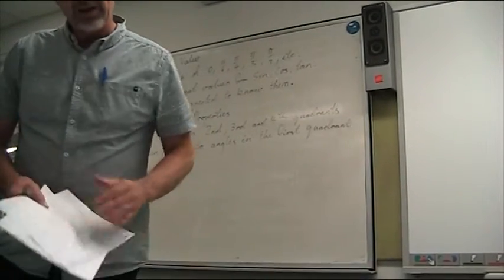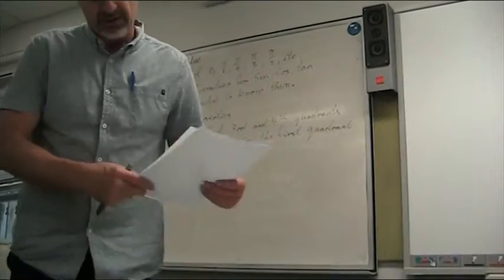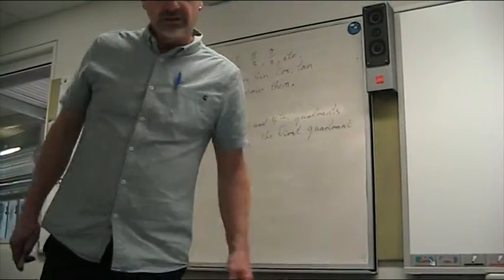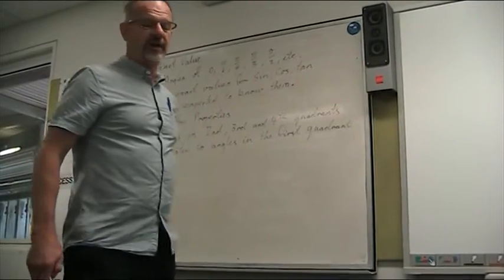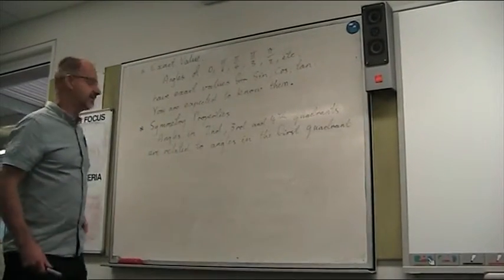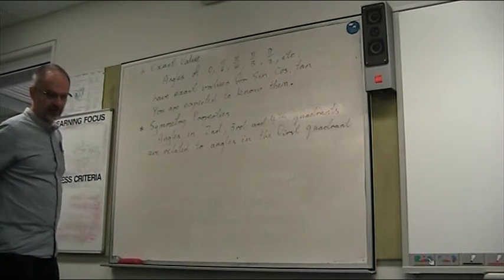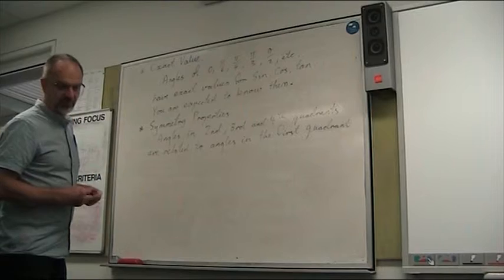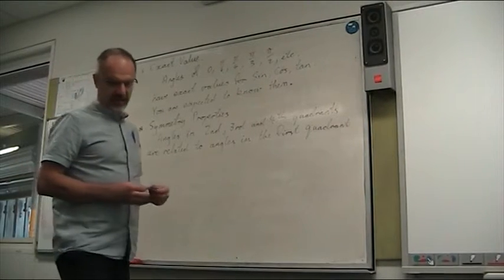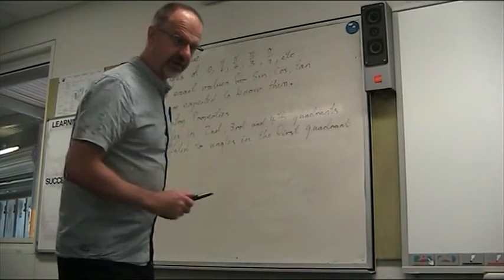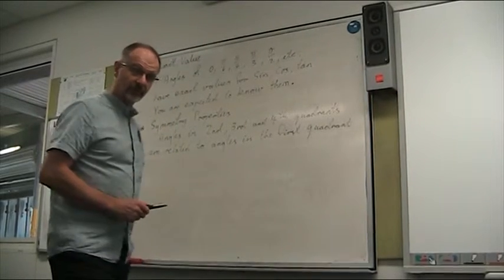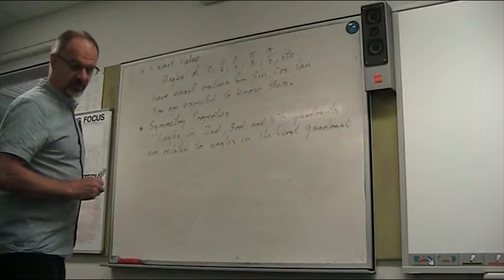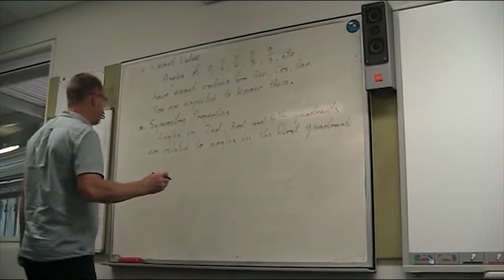We did a little bit of that last year, and I will do a couple of examples now where I'm using the symmetry properties rather than the complementary angle stuff which is on that handout. Alright, so let's look at some examples.